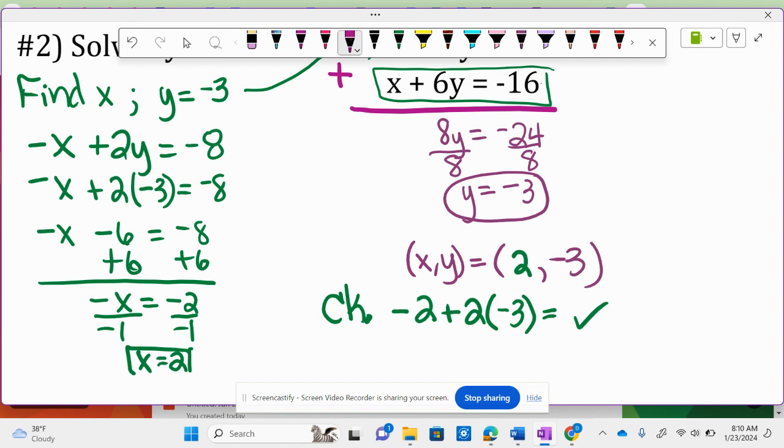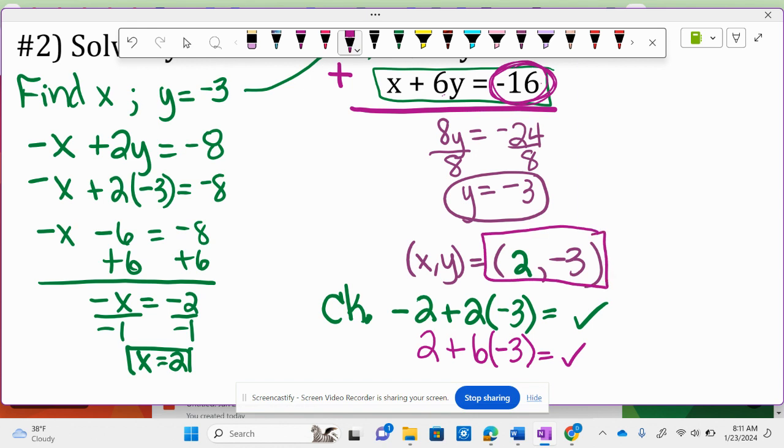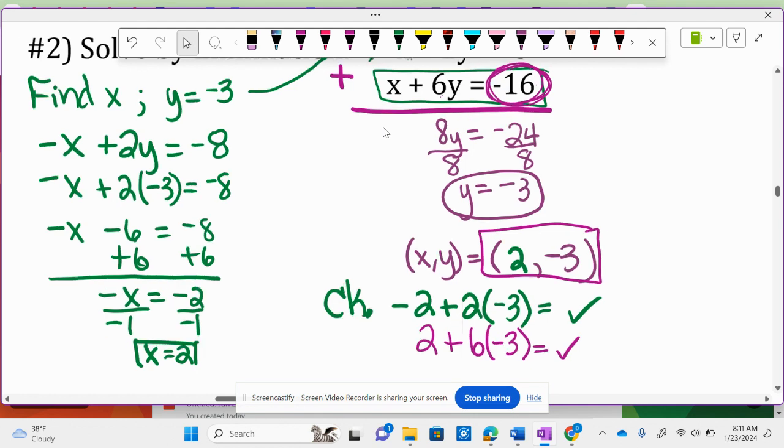So what's the value of x? 2 plus the coefficient of y, which is 6, times, we know that the y value is negative 3, and we're going to hit our equals. What is it supposed to equal? Negative 16. Is that what we got? Seamus, is that what you got? Negative 16? Awesome. So we've checked. This is our solution. We checked it twice. We know that it's good. Okay? Questions?